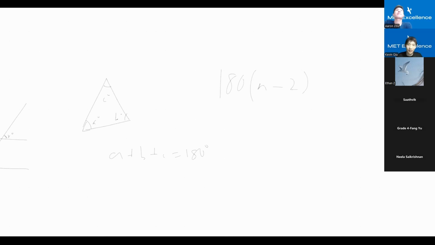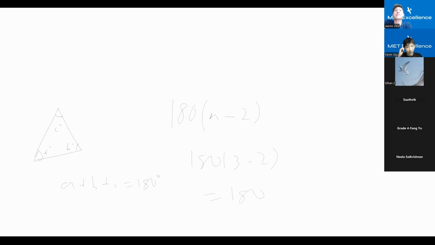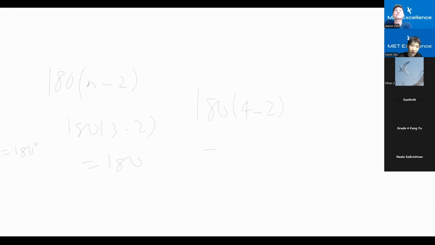So for a triangle, when n is 3, it's 180 times 3 minus 2, which is just 180. But for something like a quadrilateral, which includes squares, rectangles, parallelograms, rhombi, kites, trapezoids, it would be 180 times 4 minus 2, which is 360 degrees.